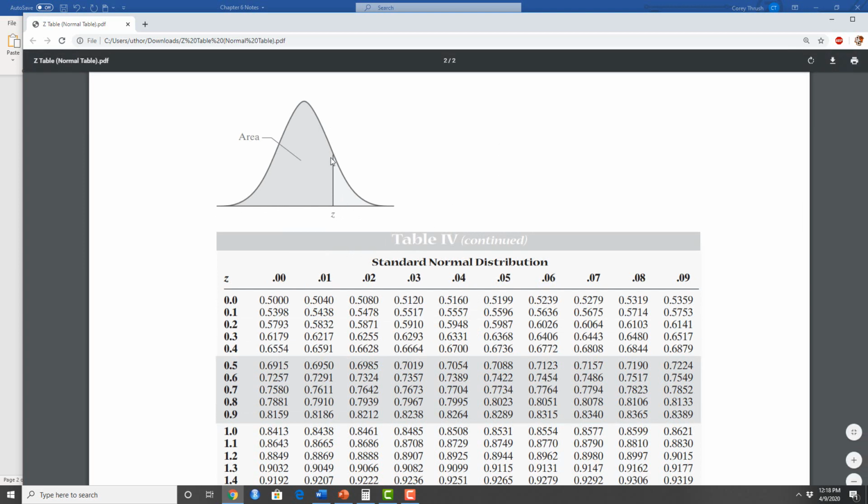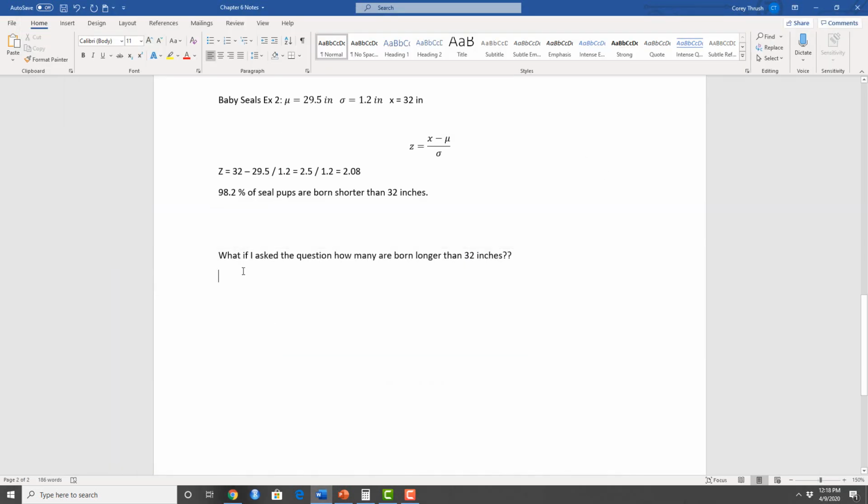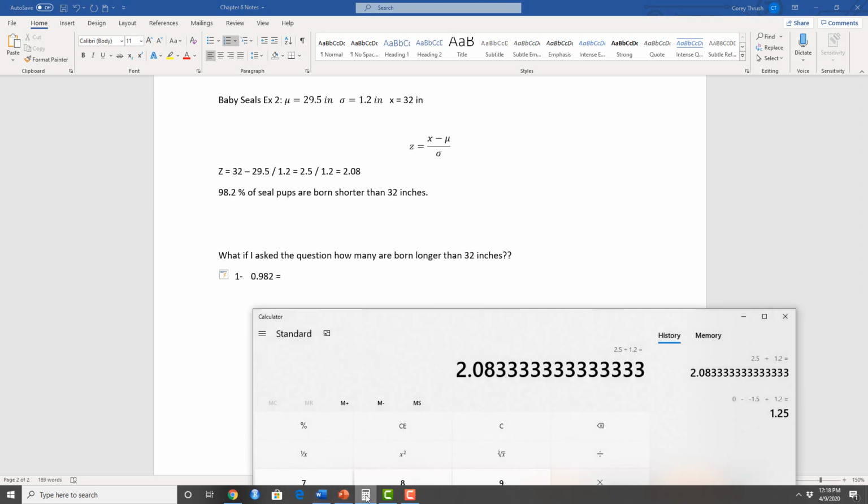Using the complement rule, 1 minus that value gives the area on the right side. So 1 minus 0.982 equals 0.018.